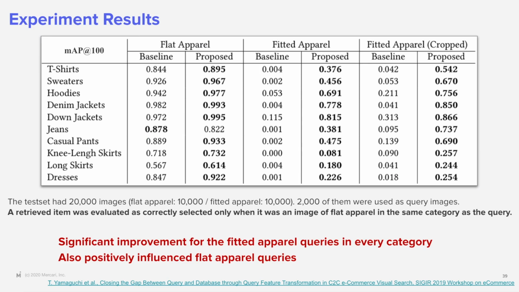Here are the experiment results. In this experiment, a retrieved item was evaluated as correctly selected only when it was an image of flat apparel in the same category as the query image. For the fitted apparel query images, the results were significantly improved. Originally, for the flat apparel query images, the results were not bad.